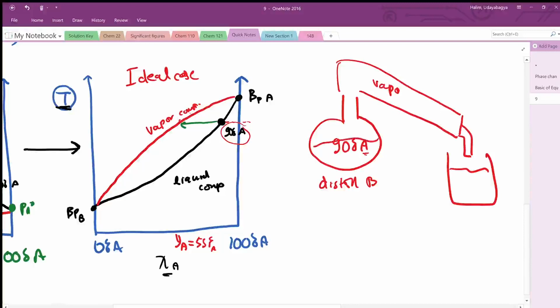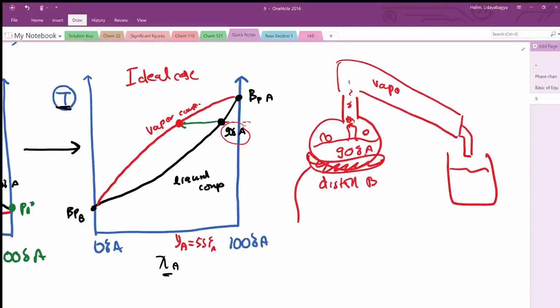So I have the solution, I make sure that it boils nicely on a heating mantle. So the vapor is going to evaporate. But you'll find that the vapor composition is not the same as the composition of A. So even though the solution contains 90% A, the vapor will contain, in this case, as I'm drawing here, only 55% of A.